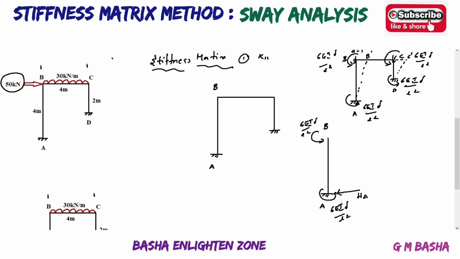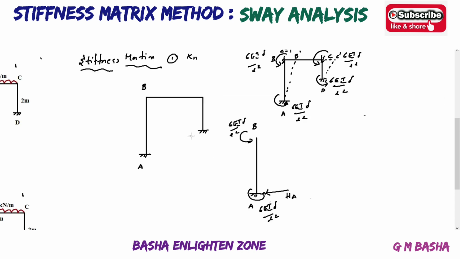For finding the horizontal reaction at A while solving the moment distribution method for a horizontal frame, I already explained the formula in previous problems while solving the moment distribution method and Kani's method. The horizontal reaction at A is equal to the sum of the moments of the column divided by the length of the column.